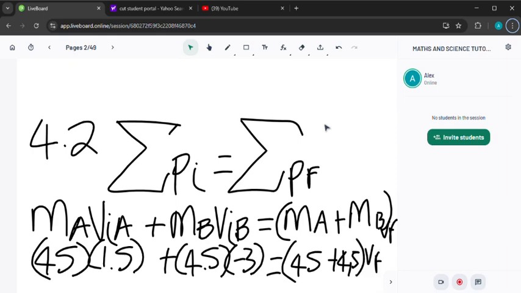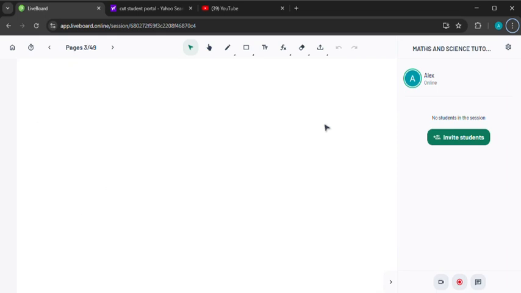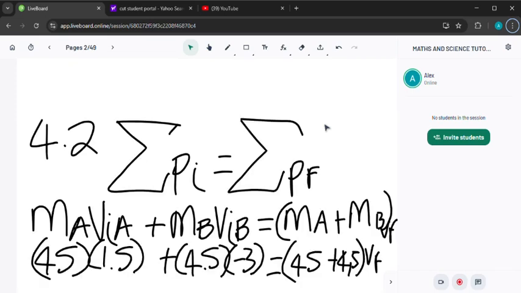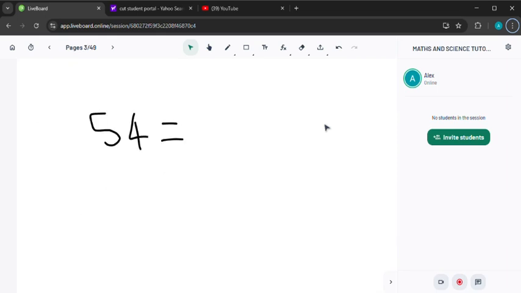Therefore we can do our calculations. 45 multiplied by 1.5 plus 4.5 multiplied by -3 is going to give us 54, which is equal to, then add what is inside the brackets, 45 plus 4.5, which is 49.5 Vf.